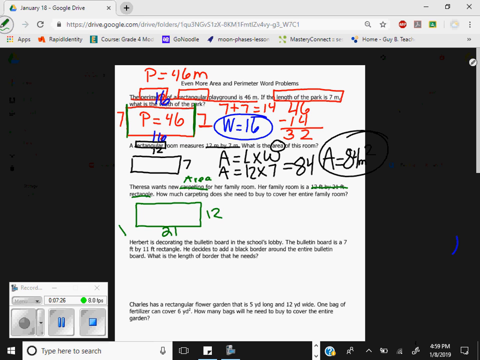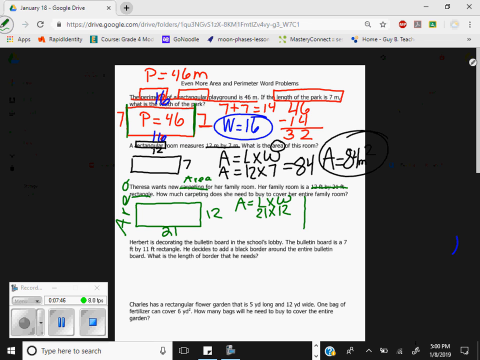That is area, because remember, carpeting goes on the inside of the room, not on just the outside edges. It covers the entire flooring. So that means I need to do area equals length times width. So that'd be 21 times 12.